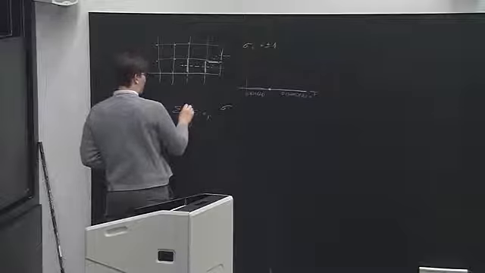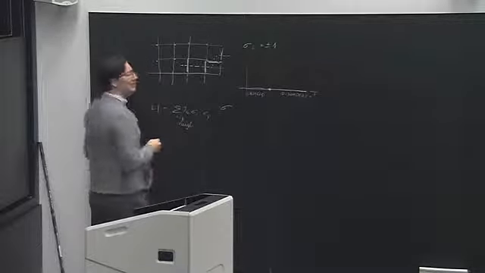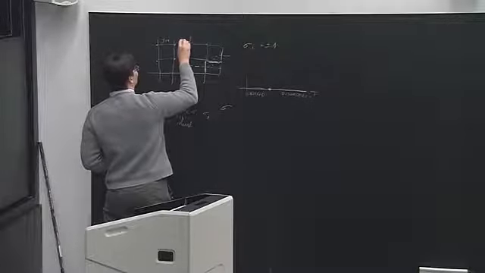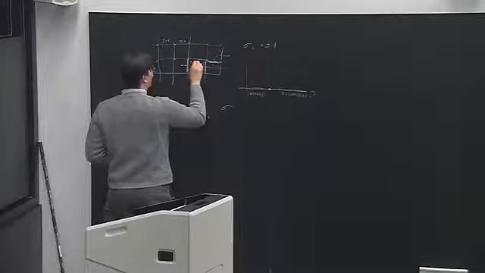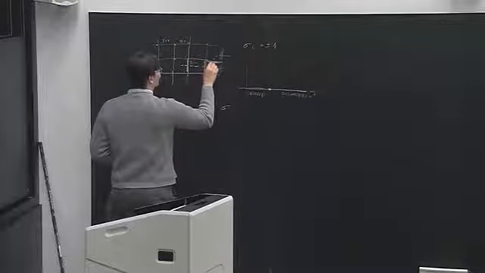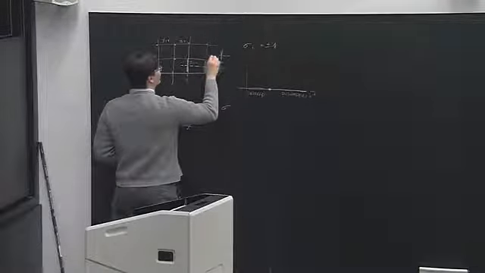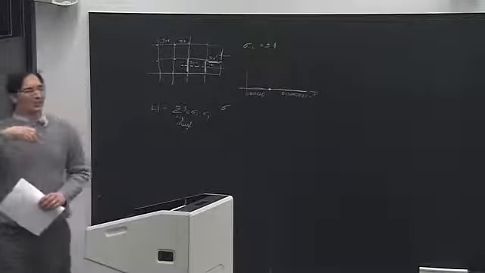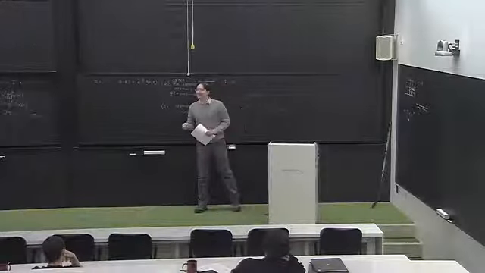So if here there is an interaction between edges, we call it J_ij. Usually your J is 1 everywhere. But you can put J equal to -1 at some of the links.